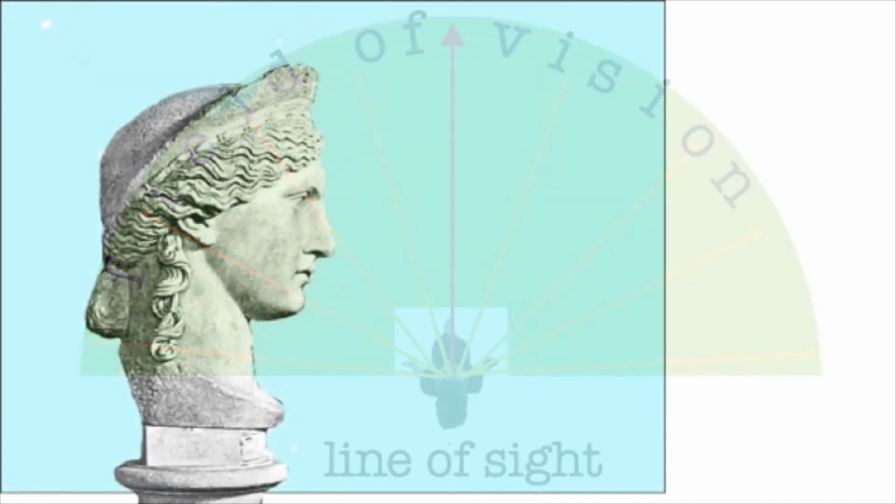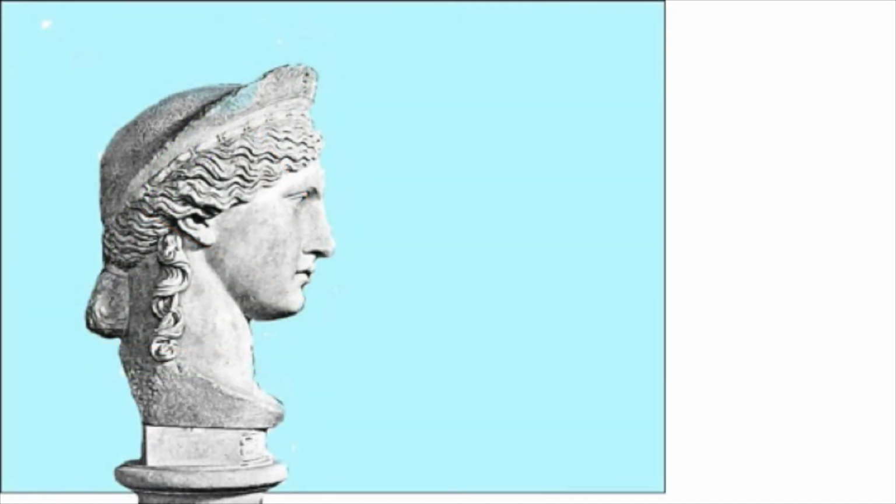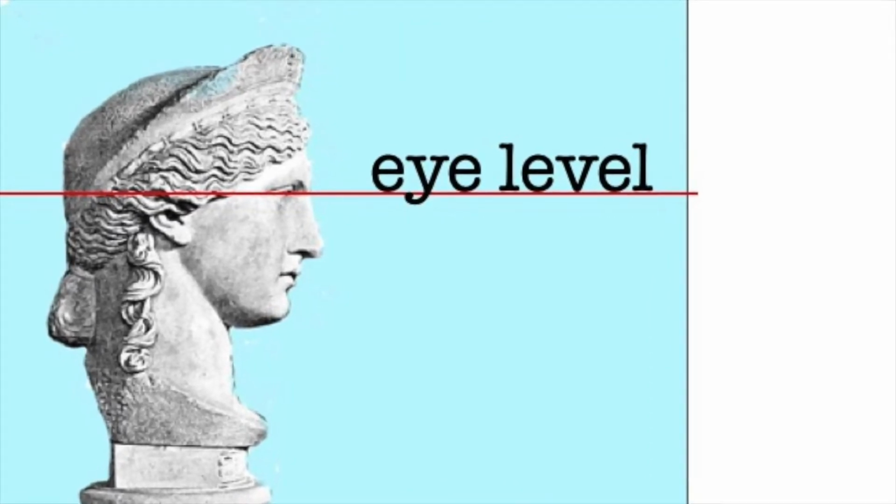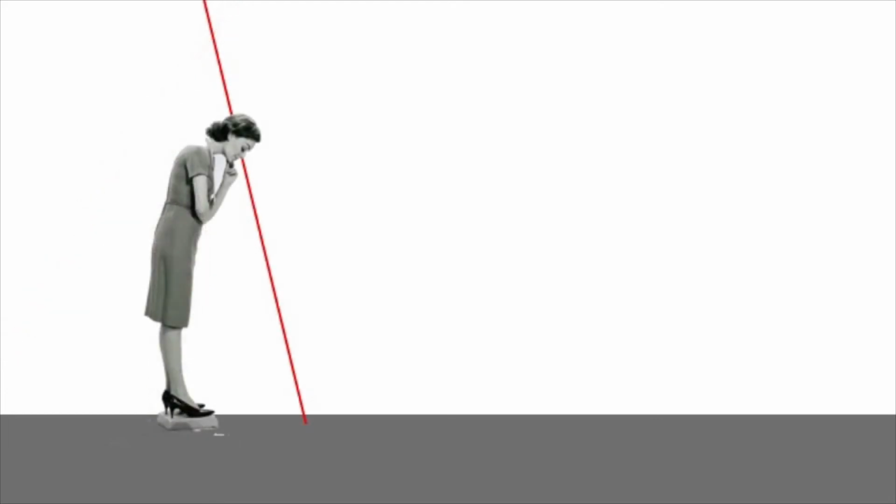The laws of linear perspective assume that you, as a viewer, when you're looking straight ahead, are looking on a level. And we call this level line the eye level. Linear perspective assumes that the eye level is parallel to the ground upon which we're standing. In other words, not looking up and not looking down.